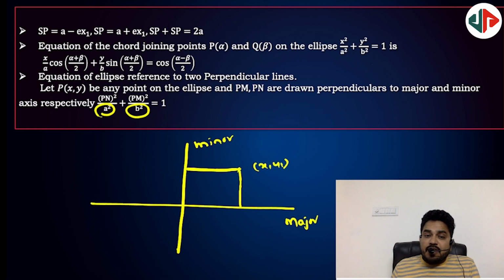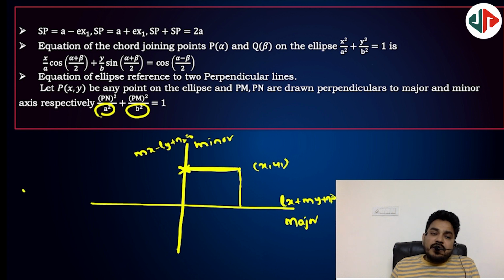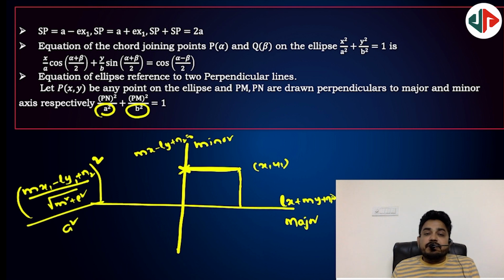So from here to the minor axis distance. For example, if this is Lx plus My plus N1 is equal to 0, what is this line? Mx minus Ly plus N2 is equal to 0. So the perpendicular distance from here to here is (Mx1 minus Ly1 plus N2) by root over M square plus L square, whole square by A square, plus you need to take the other one.